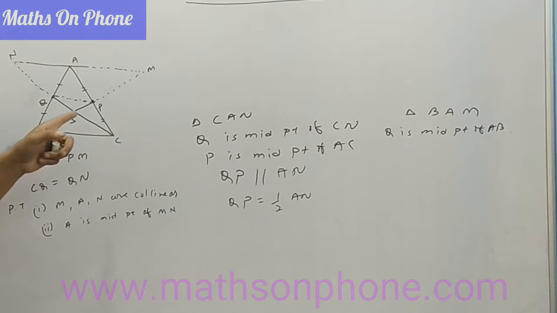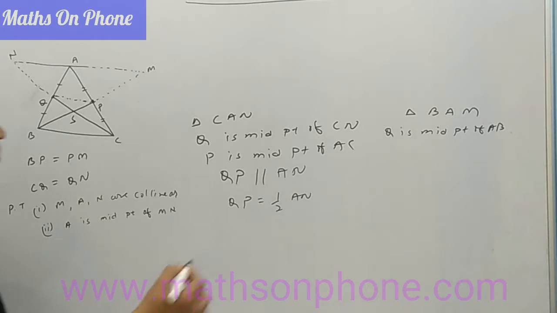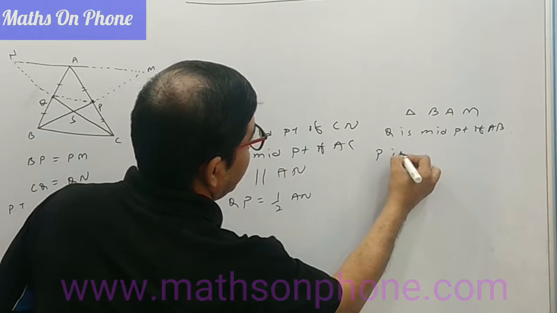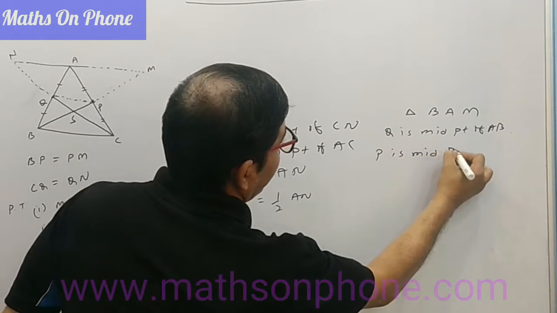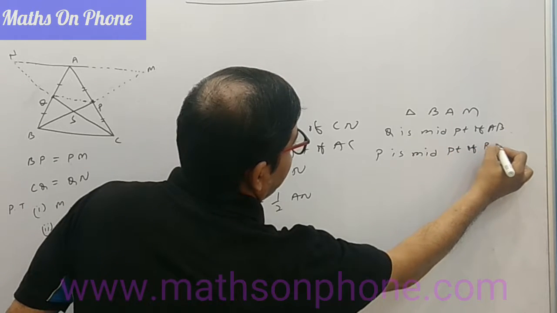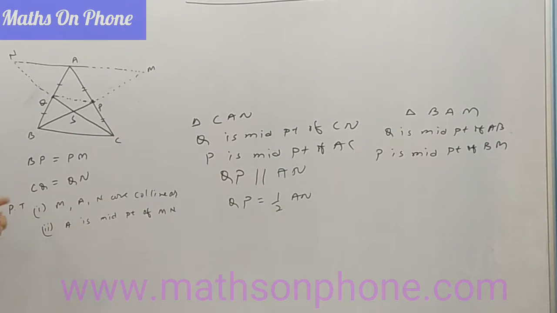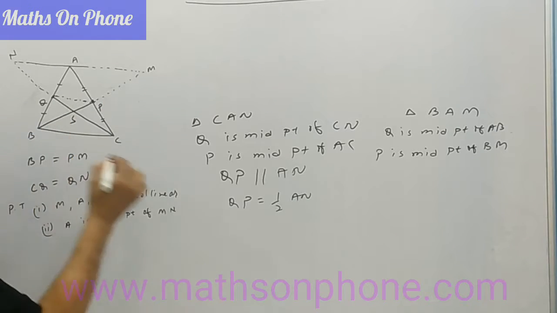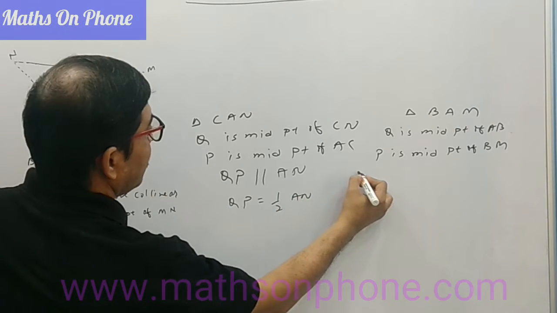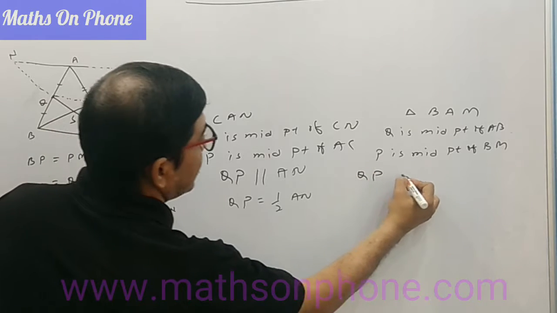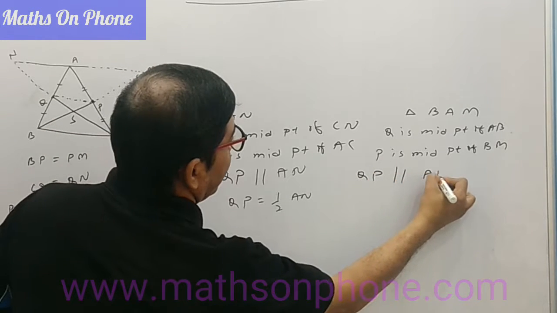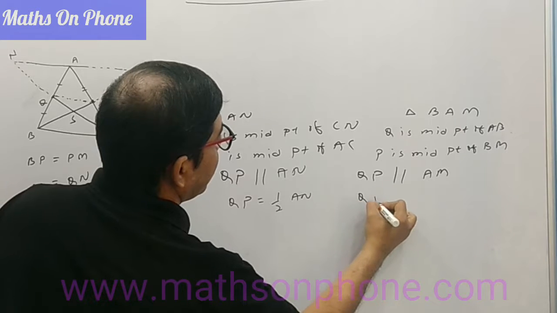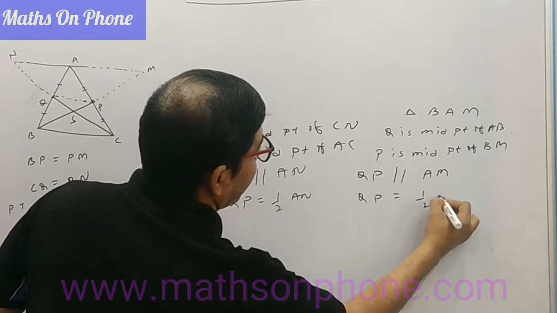And P is the midpoint of BM. Why? Because it's given that BP is equal to PM. So P is the midpoint of BM. So in triangle BAM, by the midpoint theorem, we can write QP is parallel to AM and QP is half of AM.